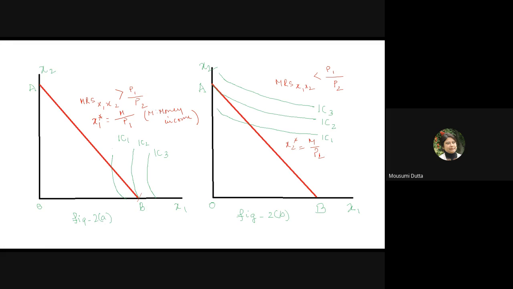The consumption of X2 is given by the limit. Next, OA equal to I by P2.